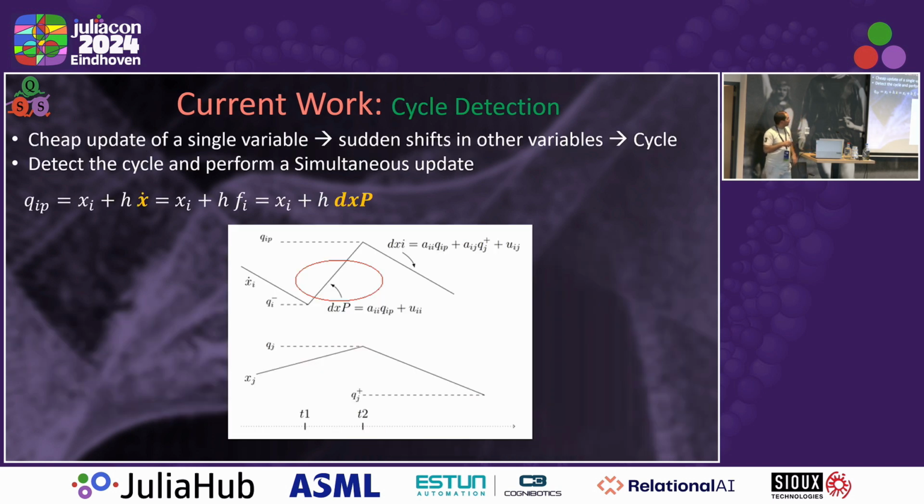The third and final improvement I made is that this QSS method, while it's cheap, sometimes these cheap single updates of variables can lead to cycles, which is bad, since cycles are unnecessary steps.